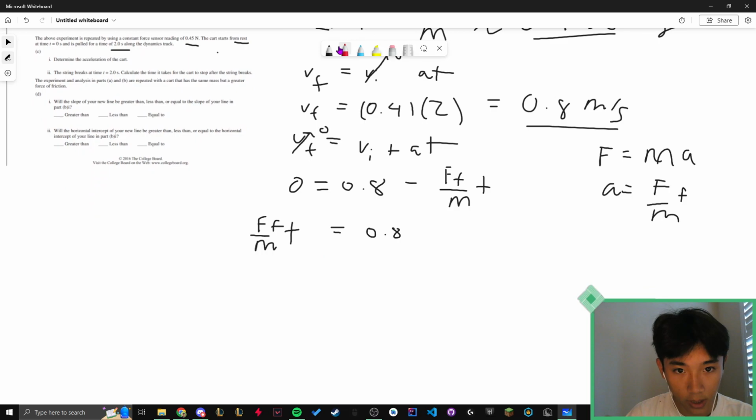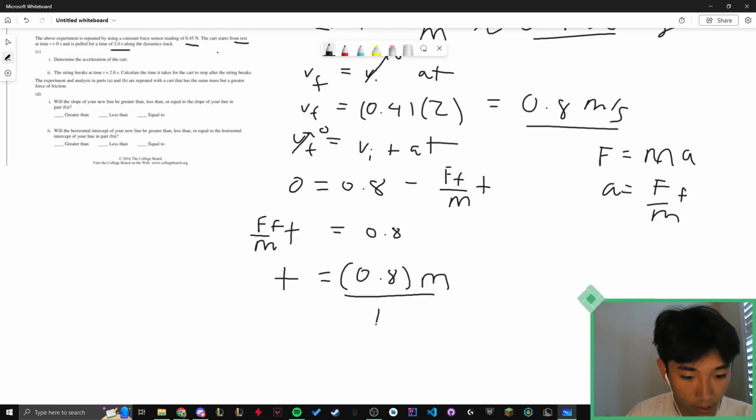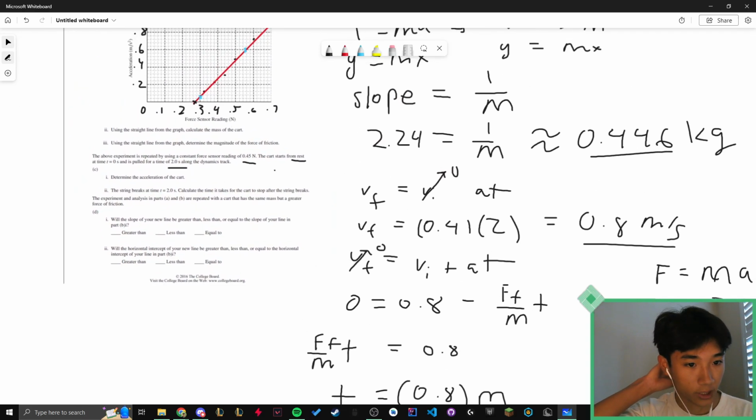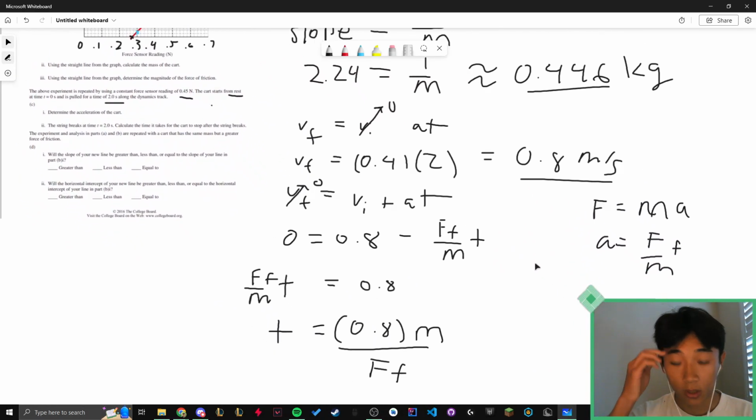So we're going to multiply mass over and divide force of friction, so it'll be 0.8 times the mass divided by force of friction. And remember, the force of friction is our y-intercept right here, which was 0.27.